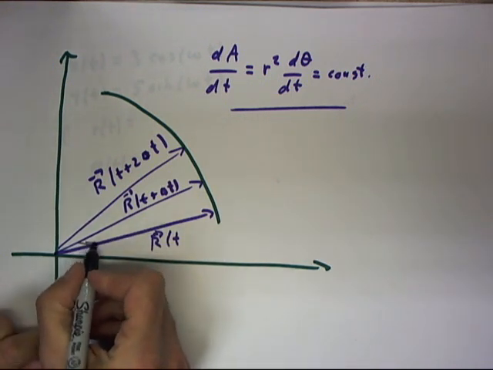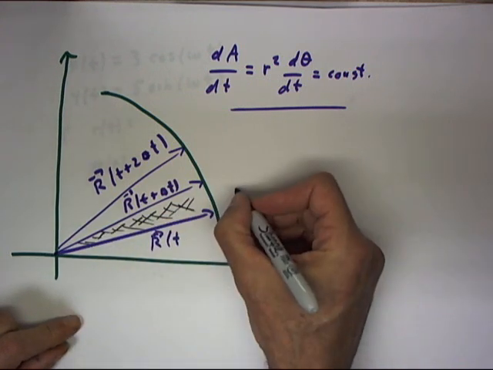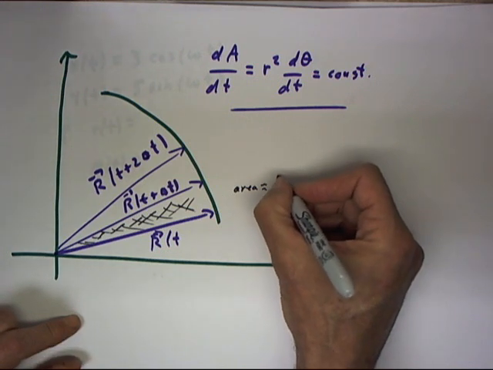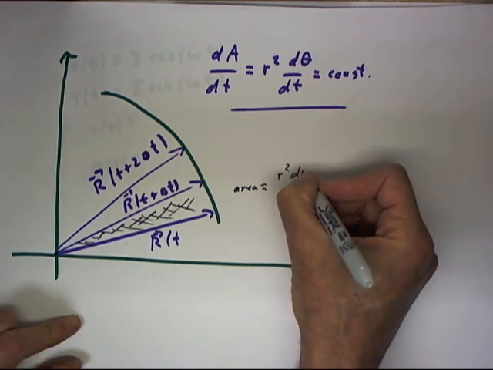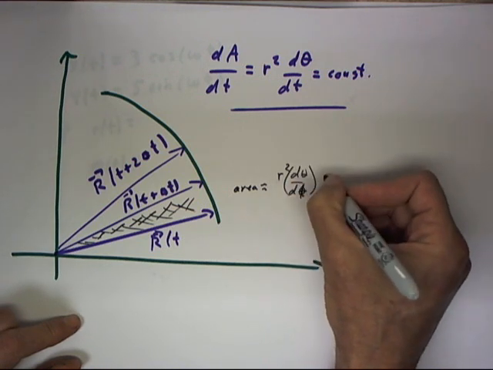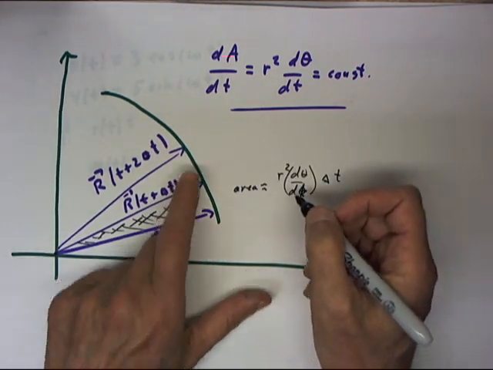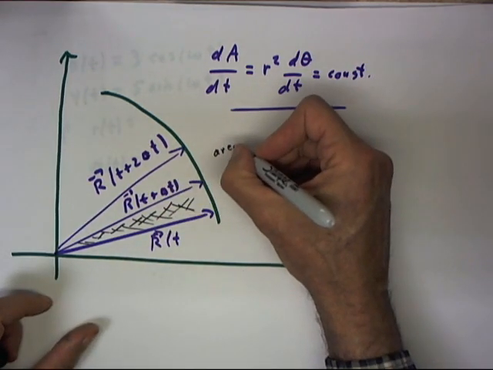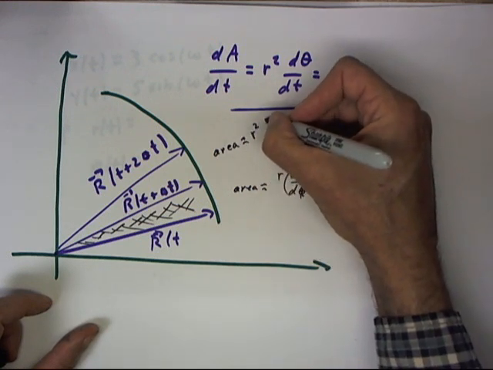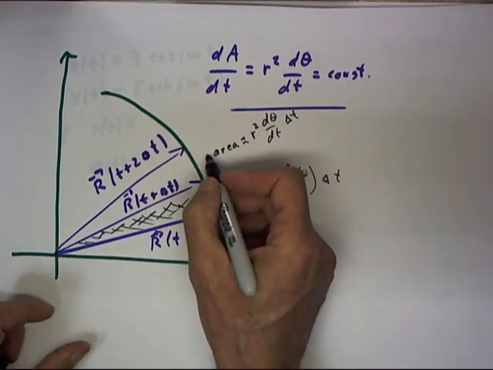The region here has area approximately equal to r squared dθ/dt times delta t, and this has area approximately equal to r squared dθ/dt times delta t.